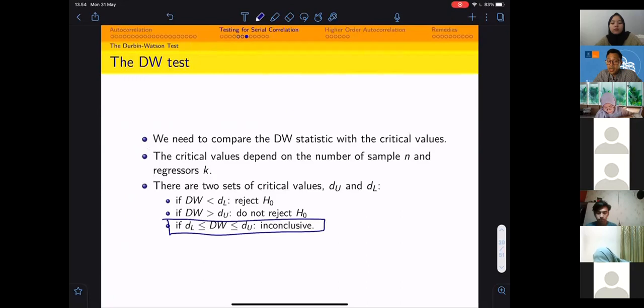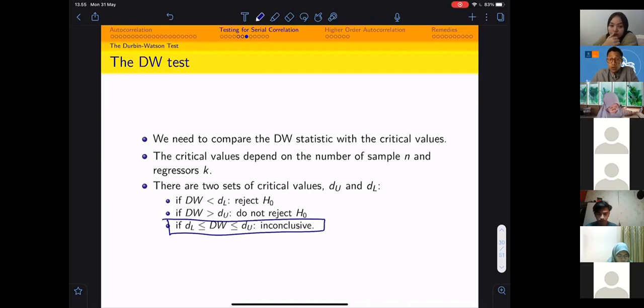In particular, if you follow Jeffrey Wooldridge's Twitter account, I think a month ago he mentioned that one of the tests that needs to be retired is the Durbin-Watson test, because of the inconclusive nature of some critical values as well as the very strict exogeneity assumption.